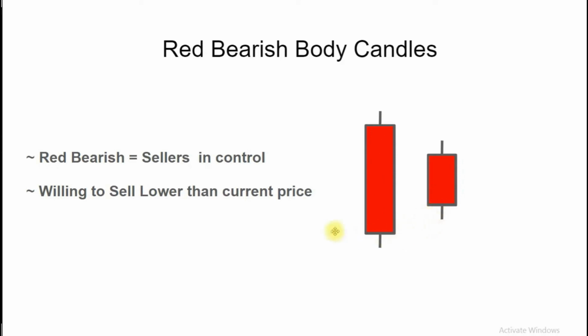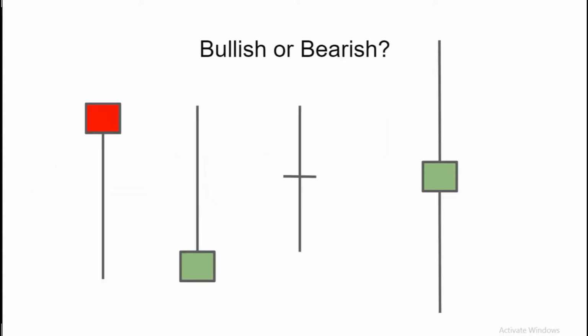But is it easy to determine the sentiment of a candle just by looking at the size and color of the body? Well, let's take a look at these examples. The first has a red body indicating bearish sentiment. But what about this large tail hanging from it? The second candle has a green body, which normally indicates a bullish sentiment, but we have this huge tail above the candle.